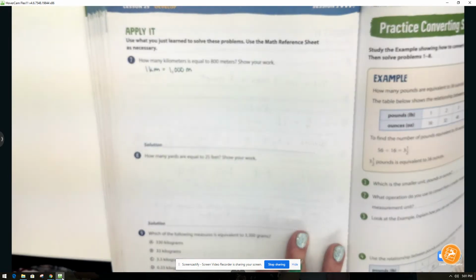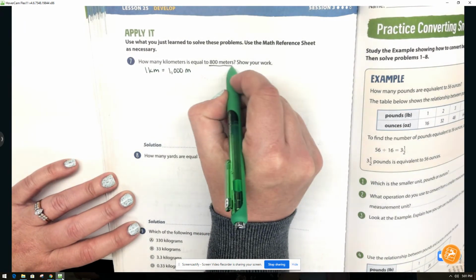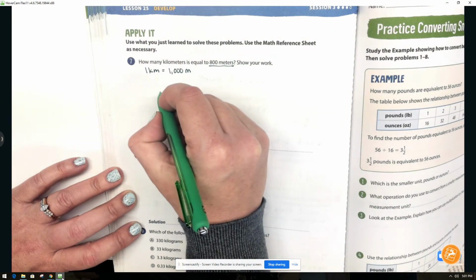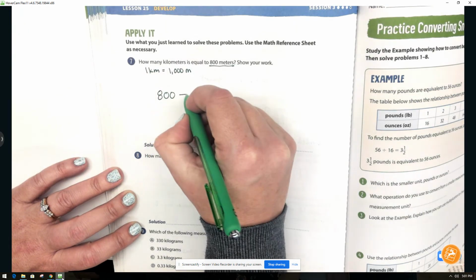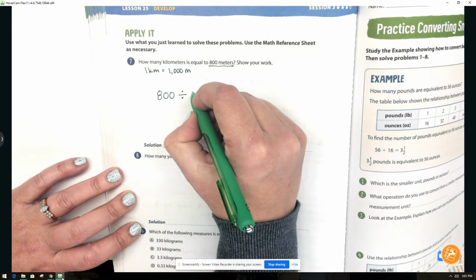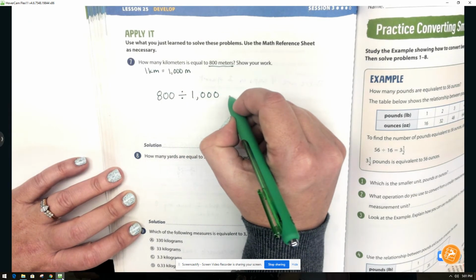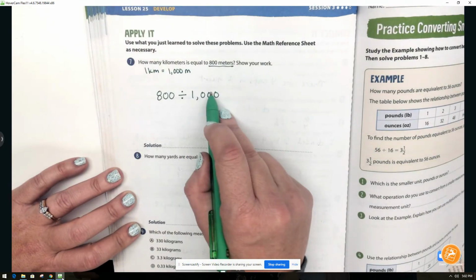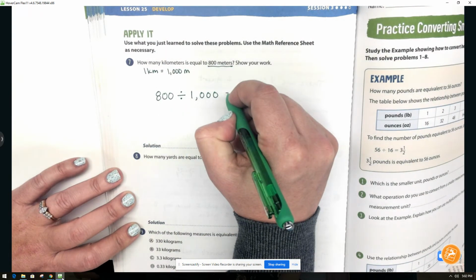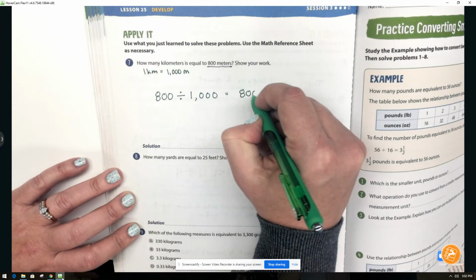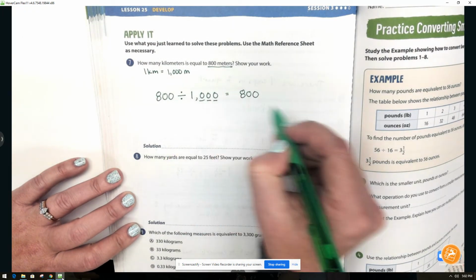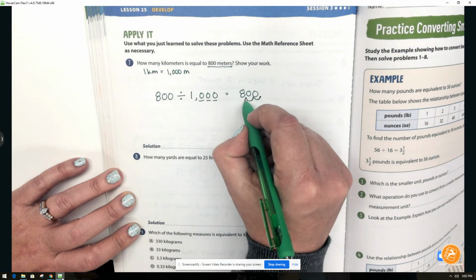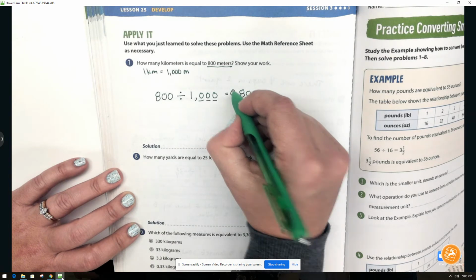Then we're going to take these meters that we have, the smaller unit, since the meters are smaller than kilometers, we're going to start with our 800, and then we're going to divide 800 by 1,000, because we divide by the number of units in 1 kilometer. And then that's going to equal, I like to write my 800, and then I'm going to move my imaginary decimal over 3 places: 1, 2, 3, and then I like to add that 0.